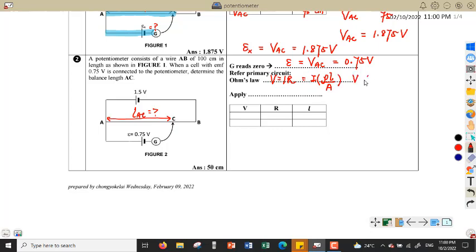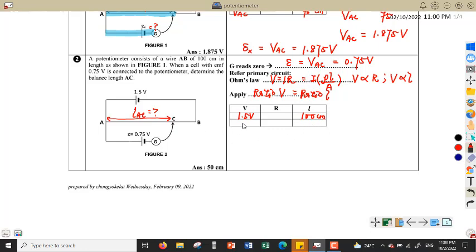So we understand our voltage is proportional to the resistance, and the voltage is proportional to the length. Since we want to find the length, we can apply the ratio of voltage equal to the ratio of the length. We put all the information we know in a table first. 1.5 volt is given to the whole wire, and the length of the whole wire is 100 cm.